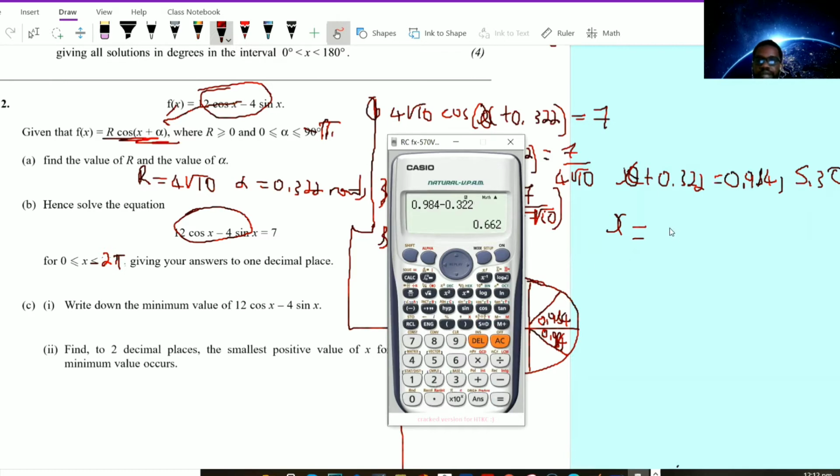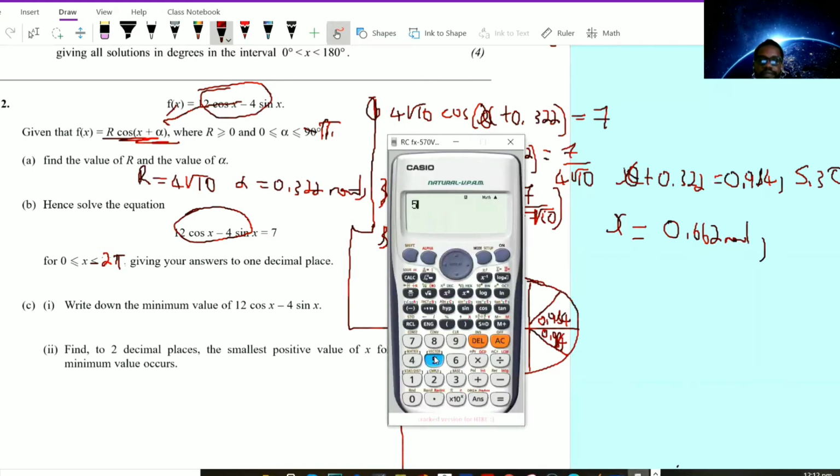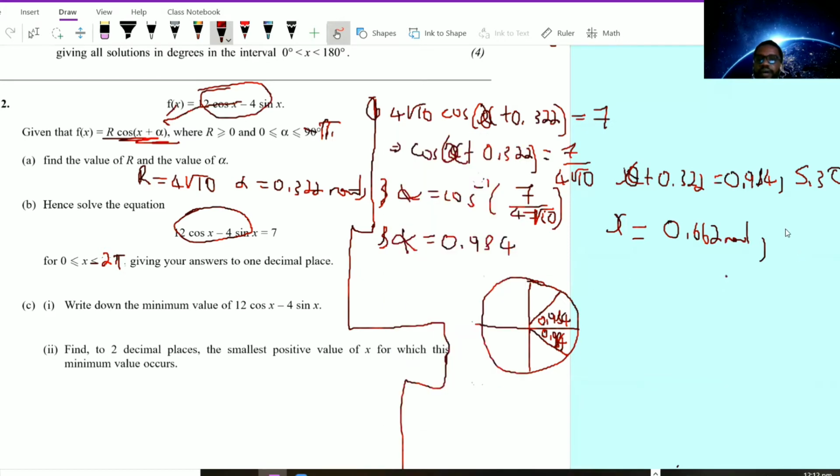That's 0.662 rads, or if I do it with the 5.30, I'm going to have 5.30 minus 0.322, 4.978 rads.